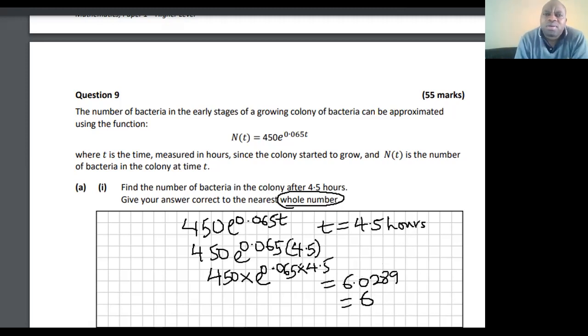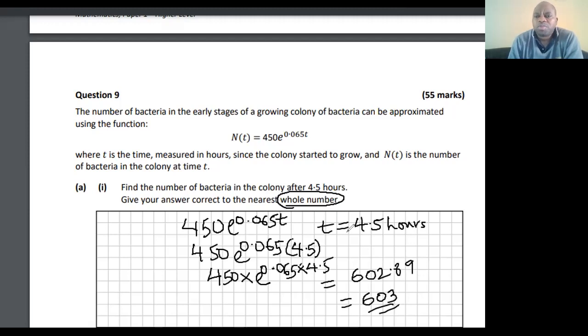One second. On my calculator it is 602.89. Then to the nearest whole number, that should be 603, and then you move on.